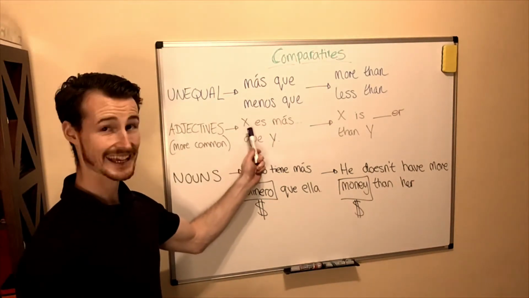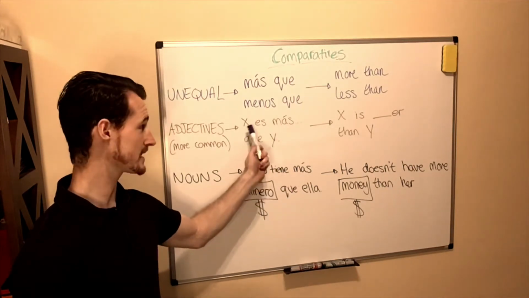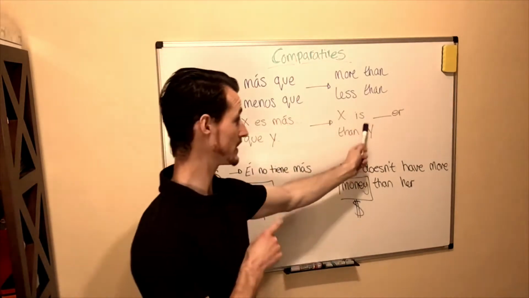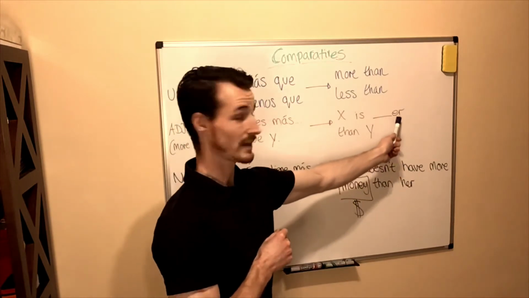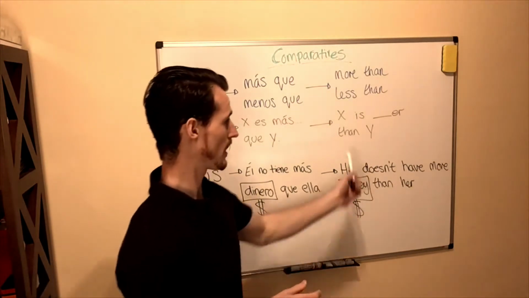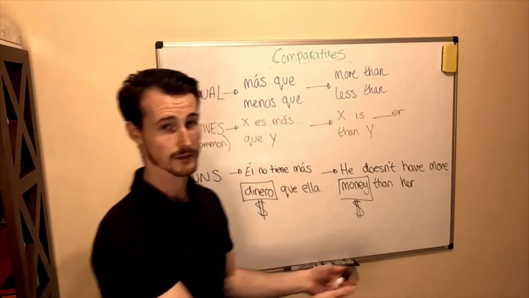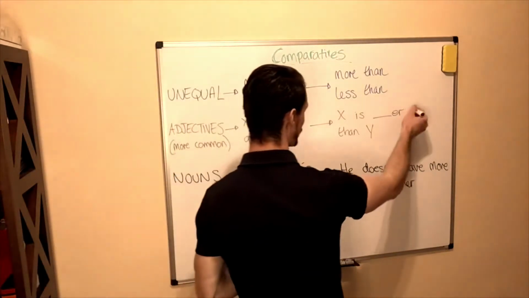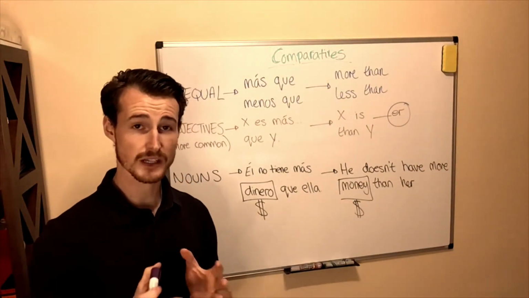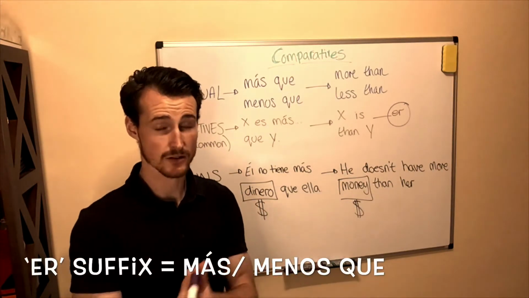X es más que Y. X is, now this is going to be where our adjective is going to be put with the ER. You see how this is what we use in English? ER than Y. X is something than Y. Now, you look at this ER here. When we have this ER, we just have to know in Spanish it is más que or menos que.